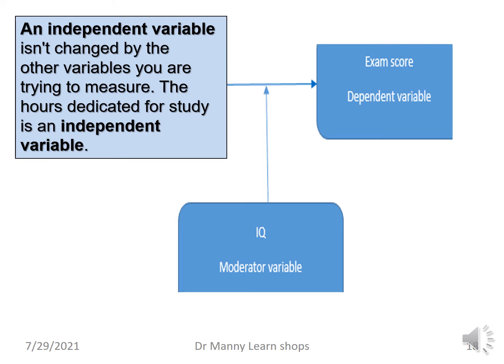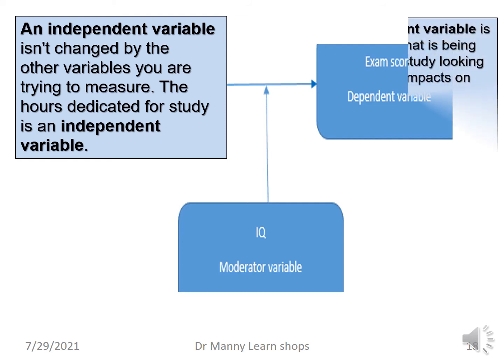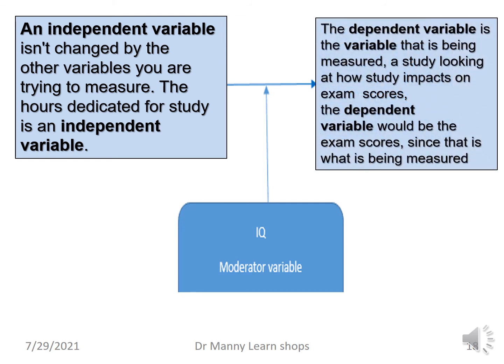For example, the hours dedicated for study is an independent variable. How many hours does the student study? Then you've got the dependent variable, which is the one that you want to measure. It's a study here looking at how study hours impact on exam scores. So the dependent variable would be the exam scores, since that's what's being measured.